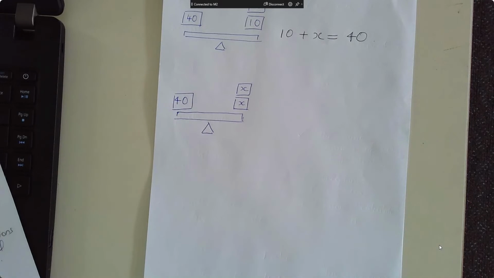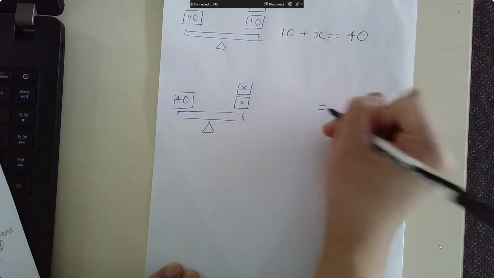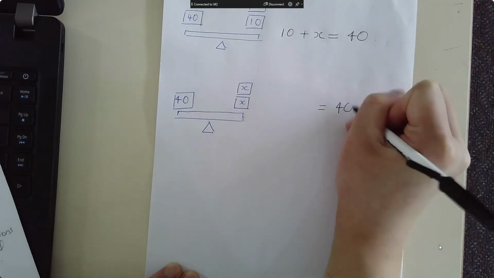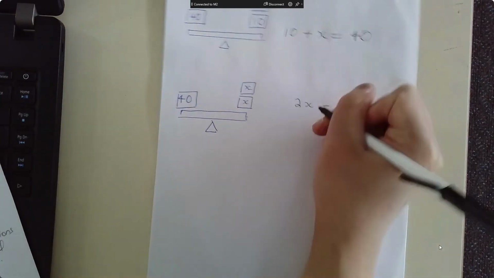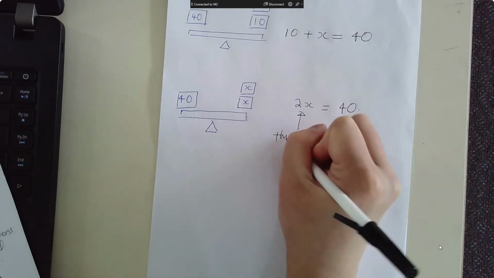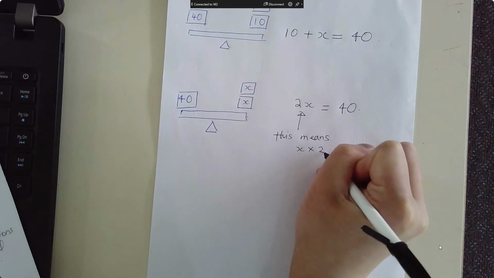Darcy? X times 2. Yep. X times 2 equals 40. And a more concise way to write x times 2 is 2x. So I'll write underneath here, this means x times 2.